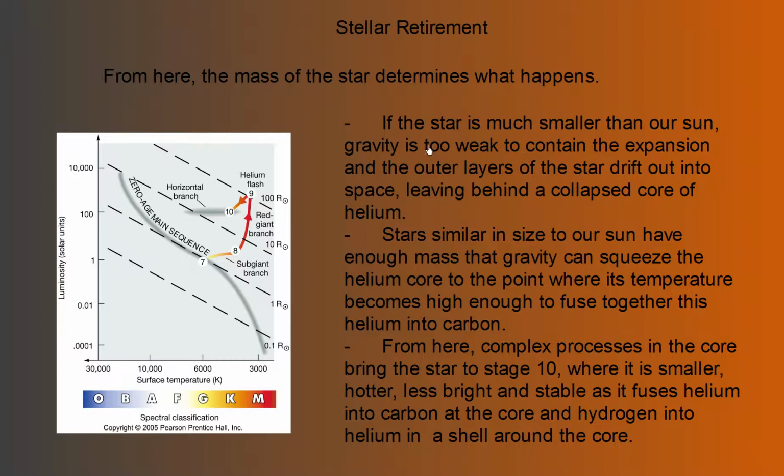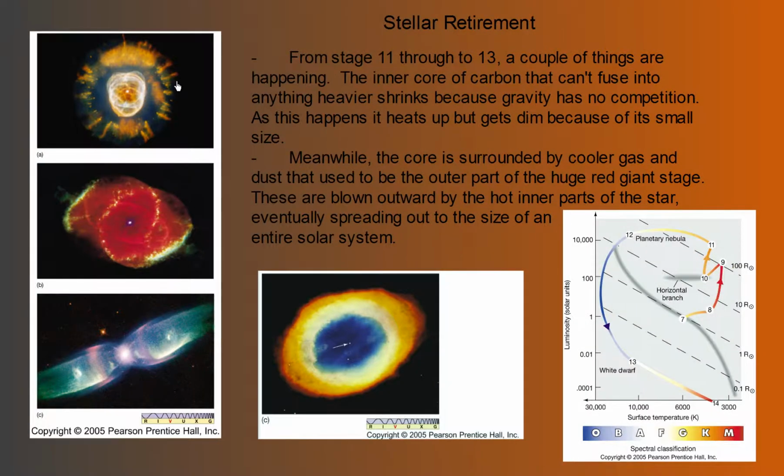If the star is much smaller than our sun, gravity is too weak to contain the expansion, and the outer layers of the star drift out into space, leaving behind a collapsed helium core. It might look something like this, even though these pictures are for later on. You have your helium core, and then the outer layers just go poof, because gravity can't hold on to them.